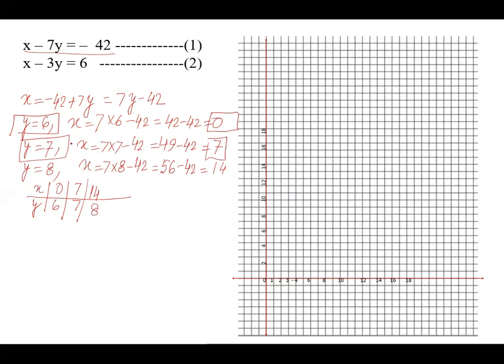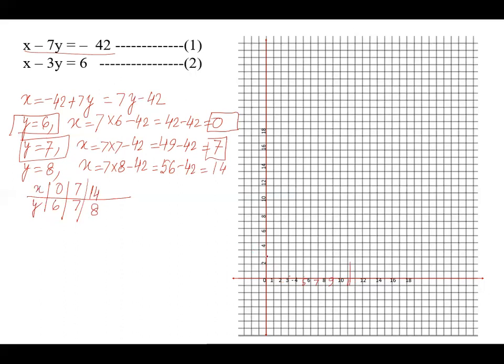Now I can plot the graph. So I'll take 0, 1, 2, 3, 4, 5, 6, 7, 8, 9, 10, 11, and so on.